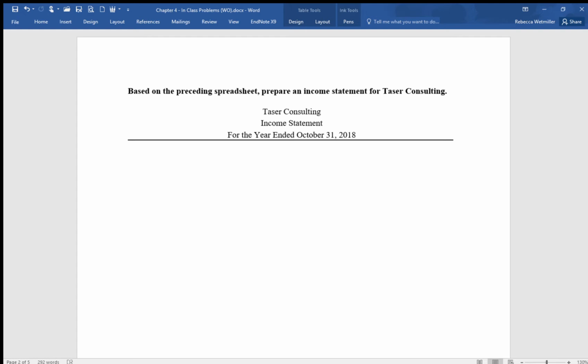So for our income statement, what we always start with are our revenues. And for this example, we're calling our revenues fees earned. Just realize that this is the same thing as sales or revenue. And if we look to our adjusted trial balance, we'd see that our fees earned are $800,000.